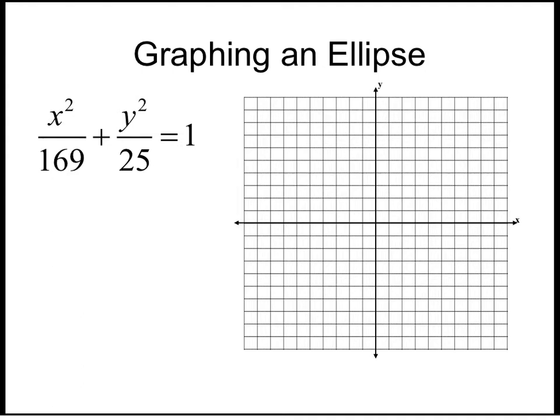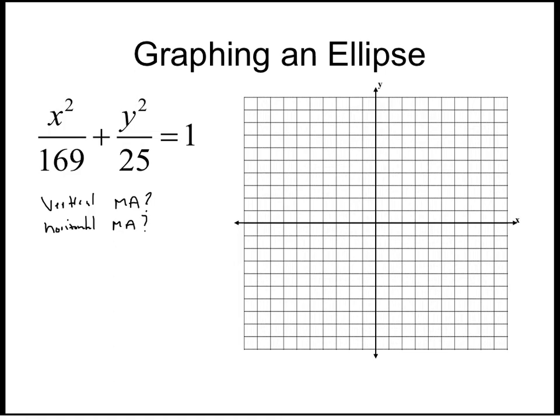The center is going to be identified by looking at the shift in the numerator, x and y. And a couple of the basic questions I'm going to ask first: is this a vertical major axis or a horizontal major axis?